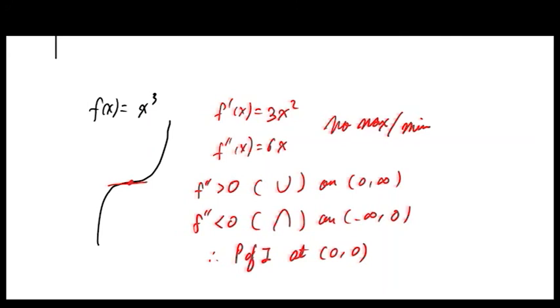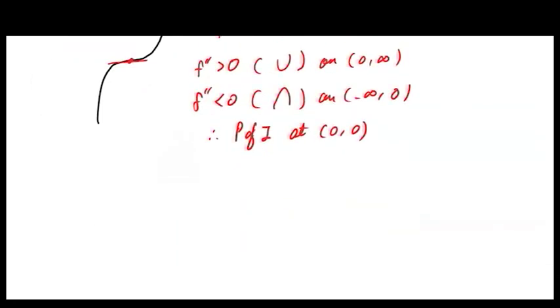In fact, we're running out of time, but let me pose this question. Can a point be a maximum and a point of inflection at the same time? I put this on one test before.